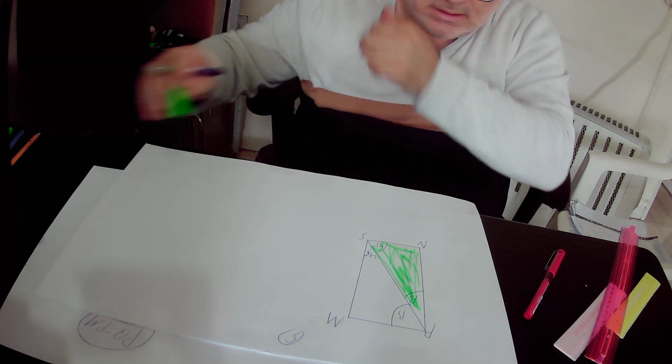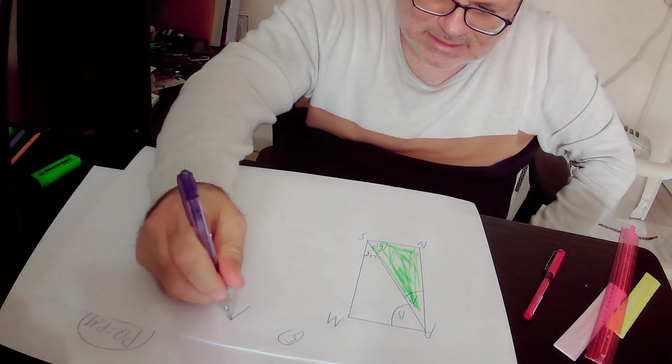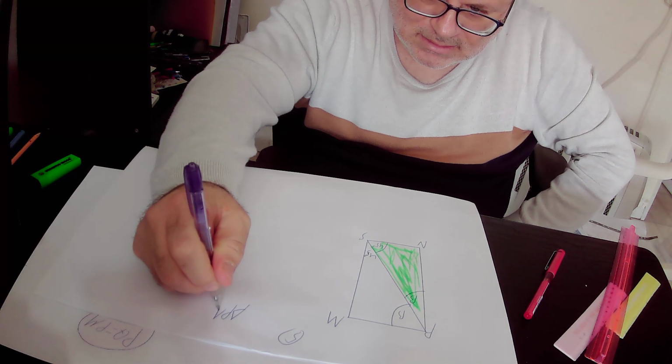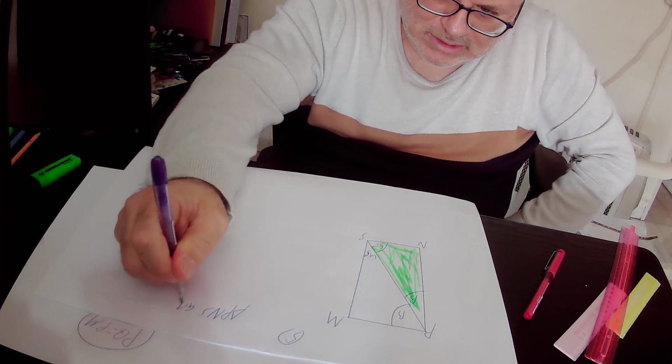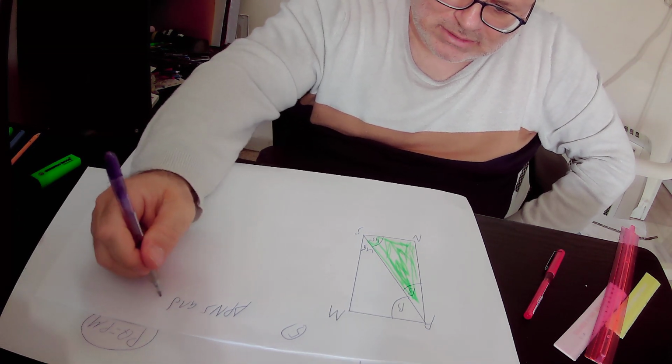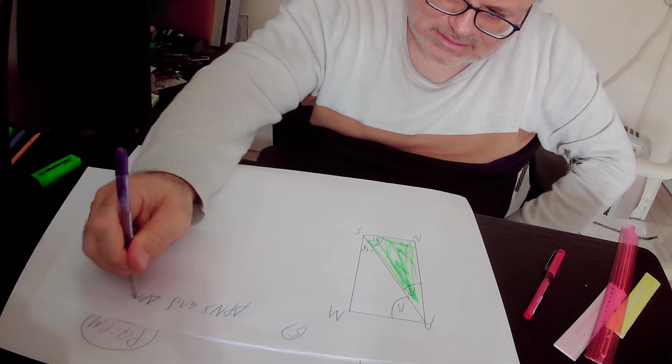So I write it here, triangle PNS, the green triangle, congruent to the white triangle, triangle PMS.